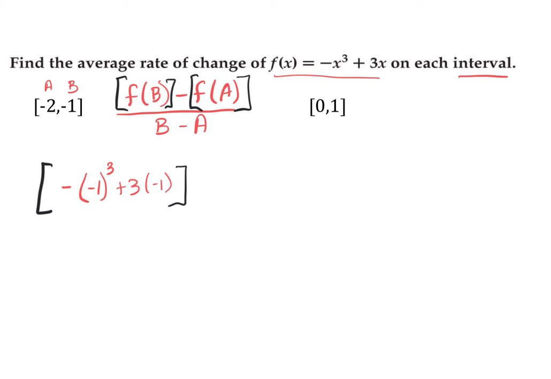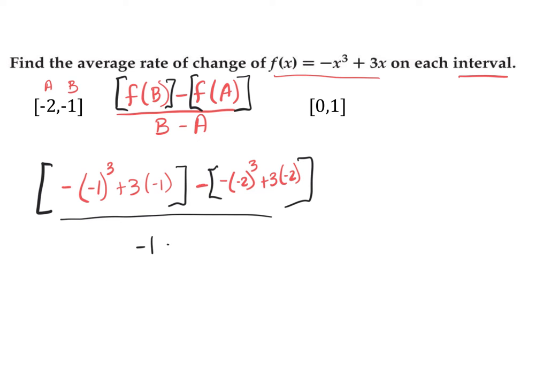That's my first function, minus my second function. So we have negative 2 to the third plus 3 times negative 2. All over the interval negative 1 minus negative 2.